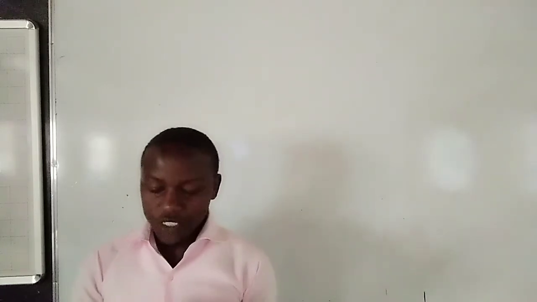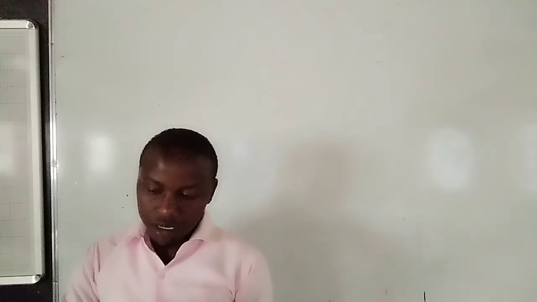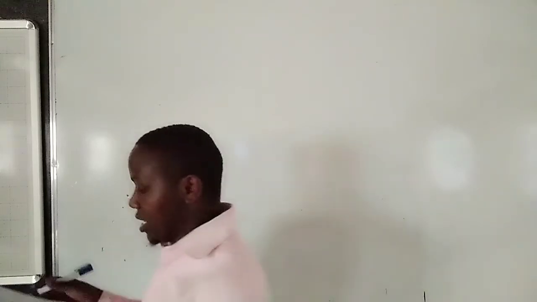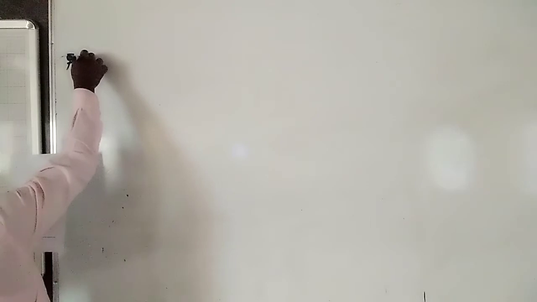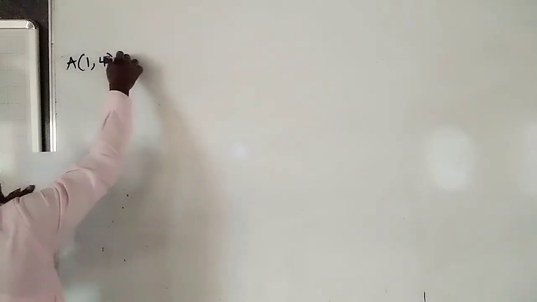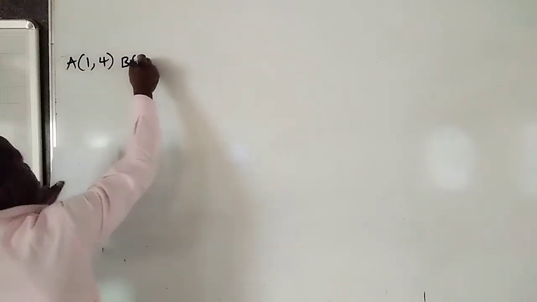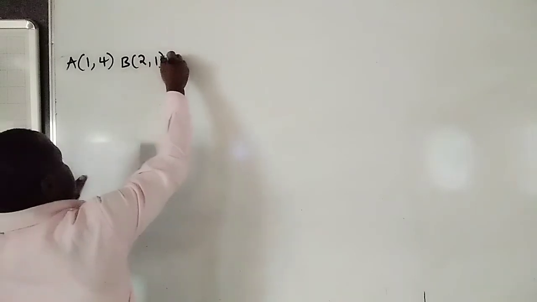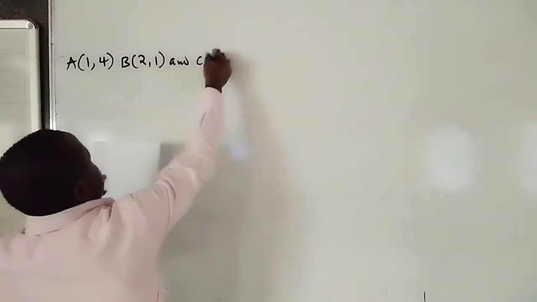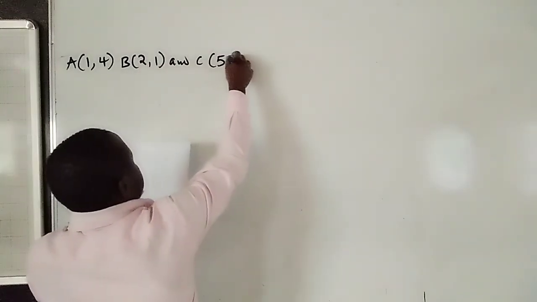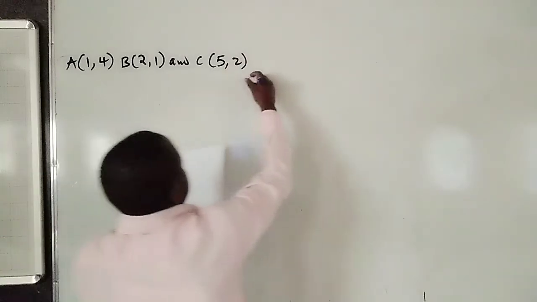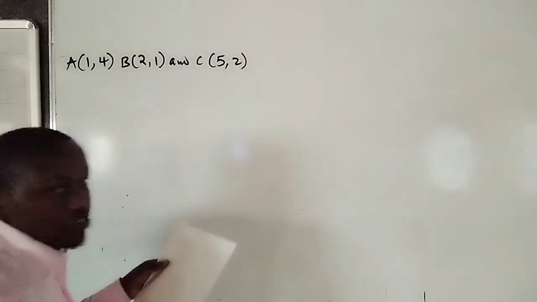The example says this: a triangle whose vertices are A (1, 4), B (2, 1), and C (5, 2) is given the following transformations.